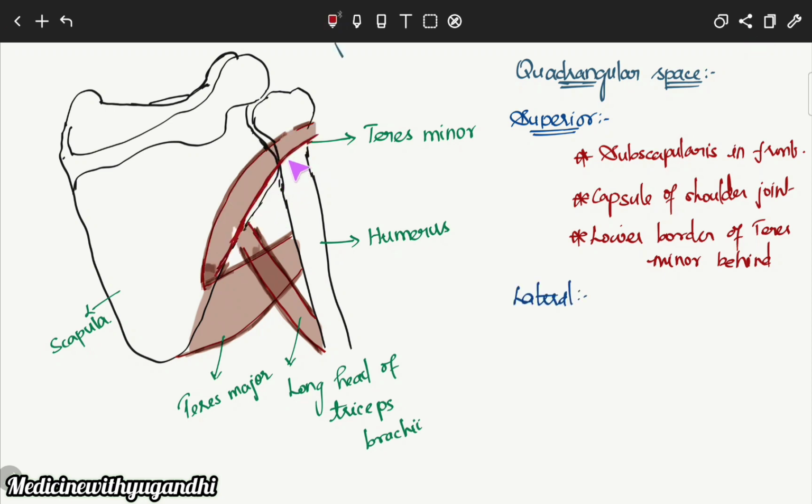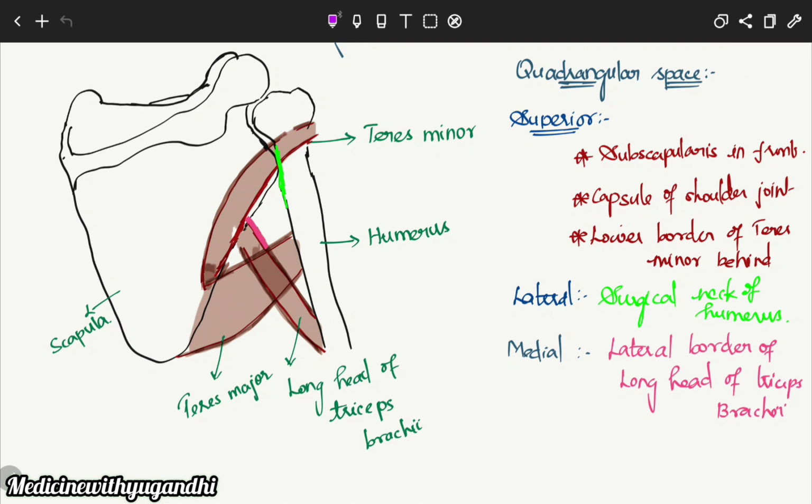Then the lateral boundary is formed by the surgical neck of the humerus. Coming to the medial boundary, it is formed by the lateral border of the long head of triceps brachii muscle. Then coming to the inferior boundary, it is formed by the superior border of the teres major muscle.